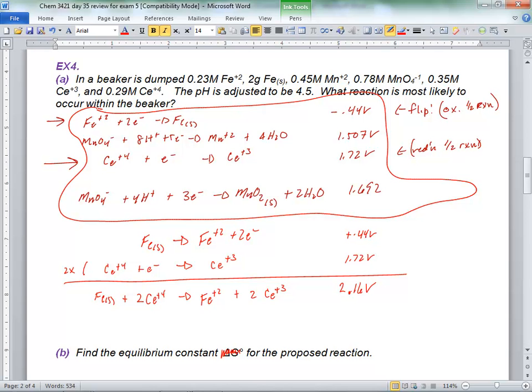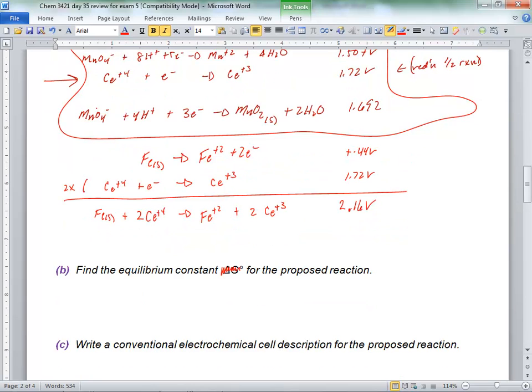We don't flip the second one, because if you flipped it, the electrons wouldn't cancel. You have to have one of each. So the middle one is omitted, since we don't need the permanganate half reactions at all, but we needed to write them down just to compare. So you remember how to get the equilibrium constant?